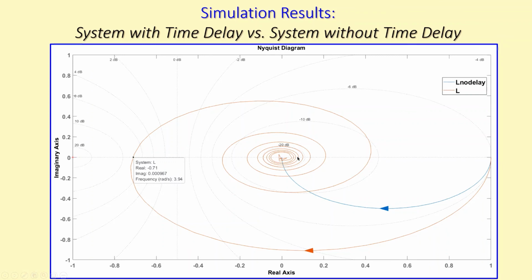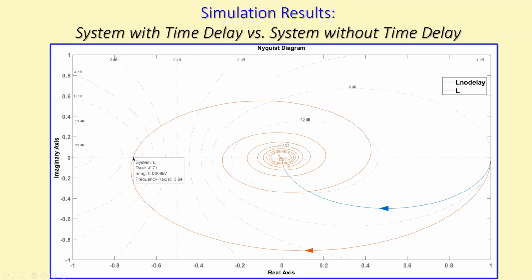So we have a first order system that always stays stable. Whatever you do with your gain, it will never encircle the -1,0 point. That point is the critical point for stability.